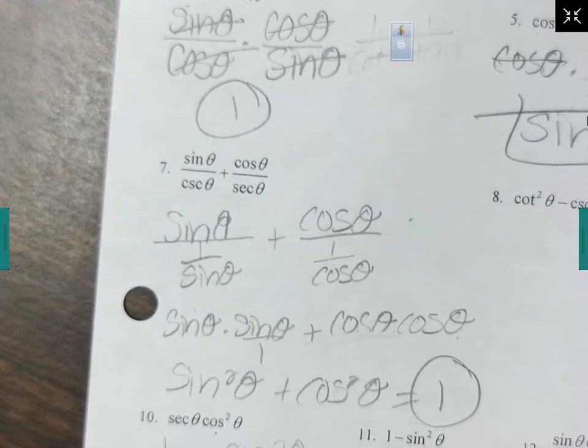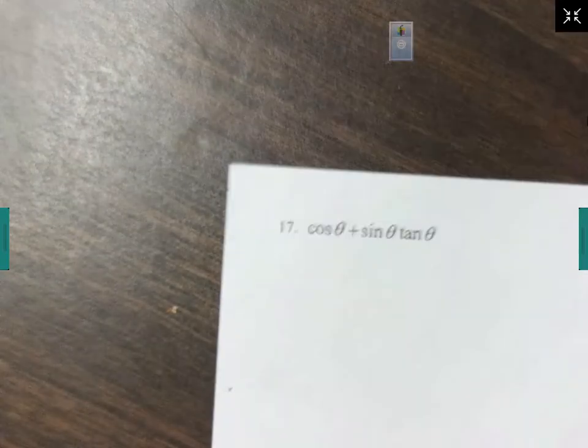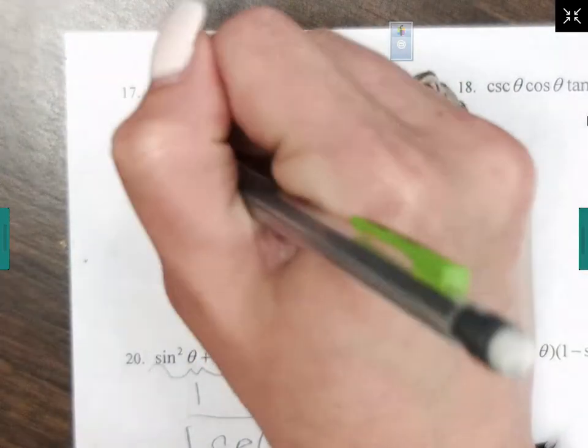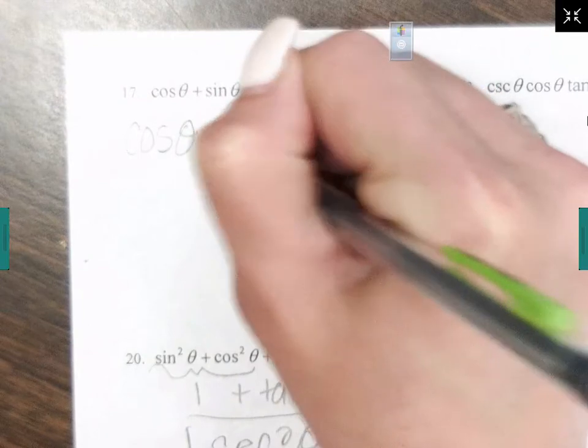Let's go over number 17 on the back. Okay, on number 17, this is just cosine of theta plus sine of theta.